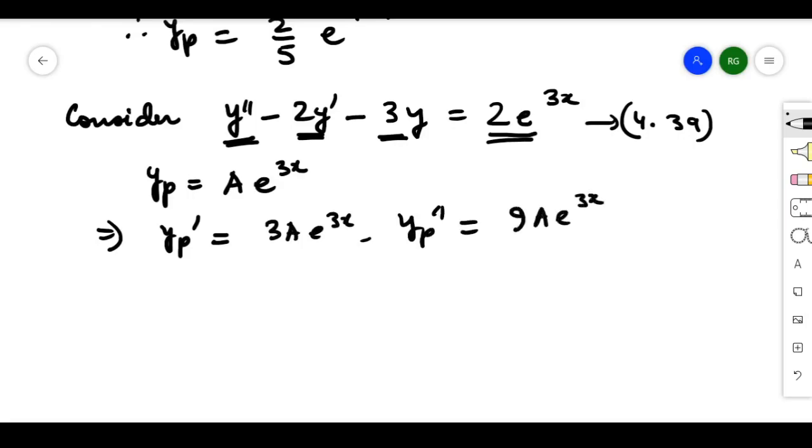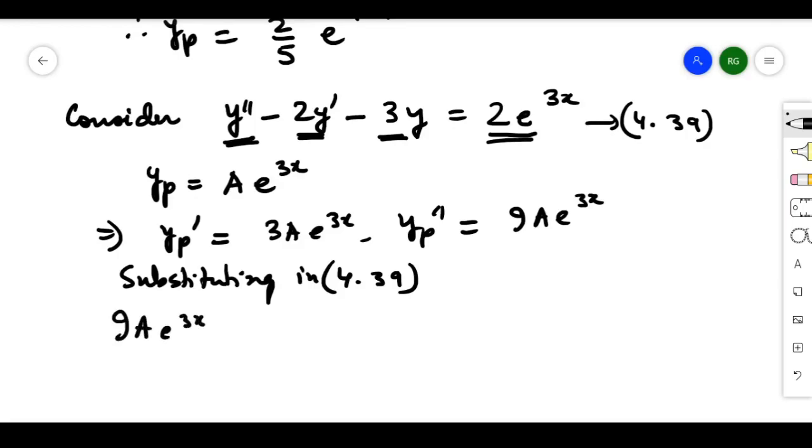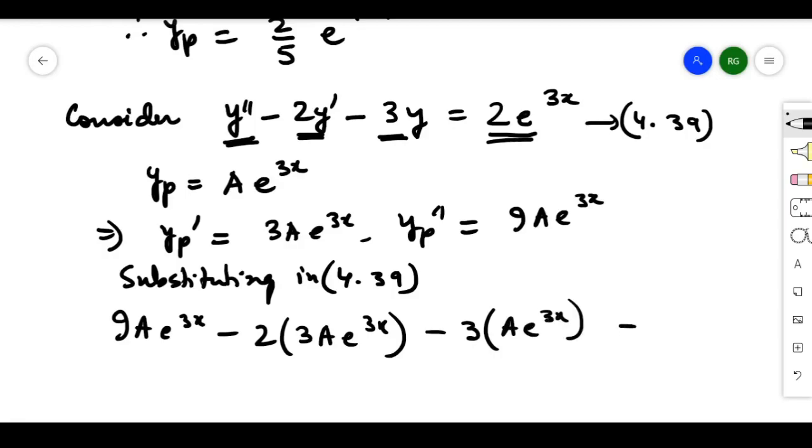Now substituting in equation 4.39, we get 9a e to the power 3x minus 2 into 3a e to the power 3x minus 3 into a e to the power 3x is equal to 2 e to the power 3x. This gives 0 into a e to the power 3x is equal to 2 e to the power 3x.